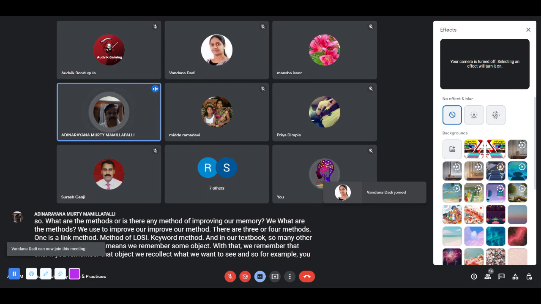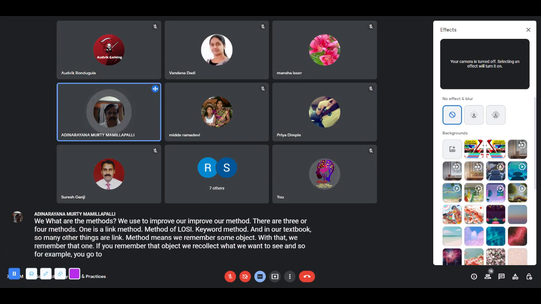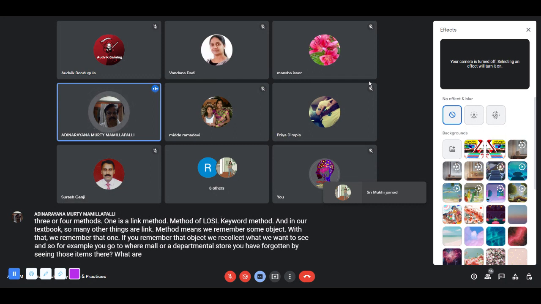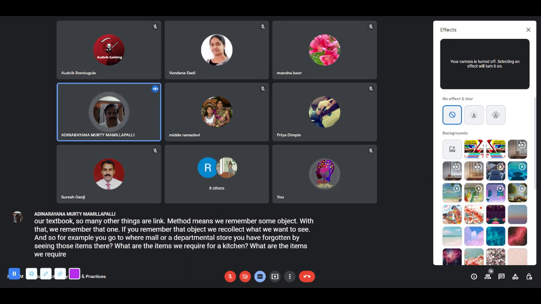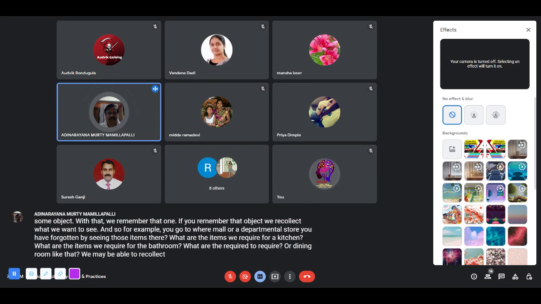For example, you go to a departmental store and you have forgotten. By seeing those items there, what are the items we require for the kitchen? What are the items we require for the bathroom? What are the items required for our dining room? Like that, we may be able to recollect it.